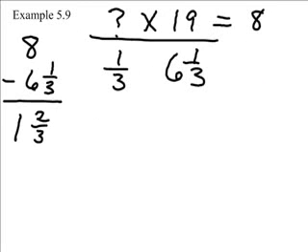Now, I know how to get a 1. I simply need to do 1 over the denominator. So that's going to give me my 1. To get my 2/3, however, is a little trickier. But I do have a formula for 2 over n. So what I could do is use my formula for 2/3.